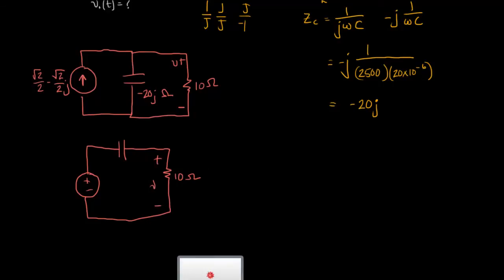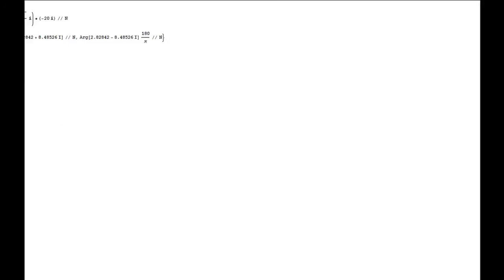Okay, I'm going to go over and do this in Mathematica. And here is the equation. This is the current, and this is the impedance. Okay, if you're not familiar with some of this stuff in Mathematica, this I stands for the complex number i, and you can get it by typing escape, 2 lowercase i's, and then escape again. You can also use a capital I, and it works just the same.